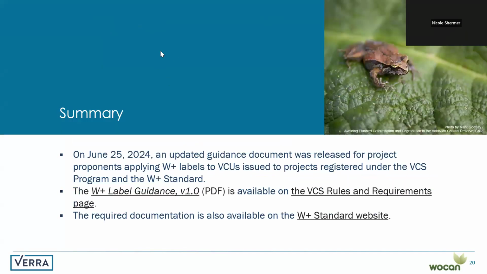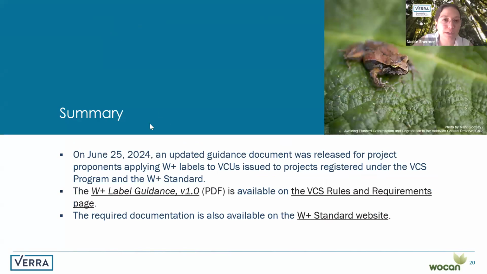Thank you, Jeanette. Okay, I'm just going to wrap us up here with the last slide before we go to our Q&A session. So just to summarize the main takeaways that we hope you get from this webinar, we really encourage you to go and look at the updated guidance document that was released late in June, and see the same thing that we've mentioned today about the eligibility criteria and the process and the steps that you would take in order to receive a W+ label for your VCUs.